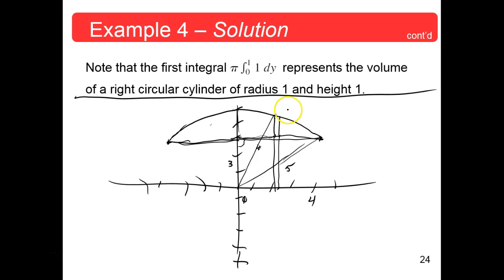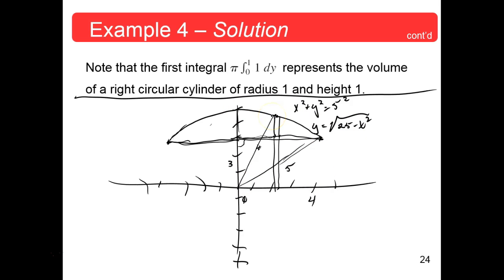Okay. Any point here on this sphere is going to be x squared plus y squared equal to 5 squared, right? Every point on there, okay? So that means y is equal to the square root of 25 minus x squared. Yeah, that's going to be true. Okay? So that's going to be the height there for any x between 0 and 4.